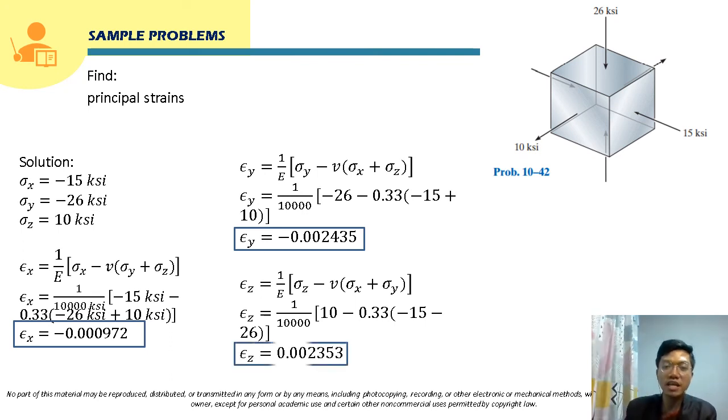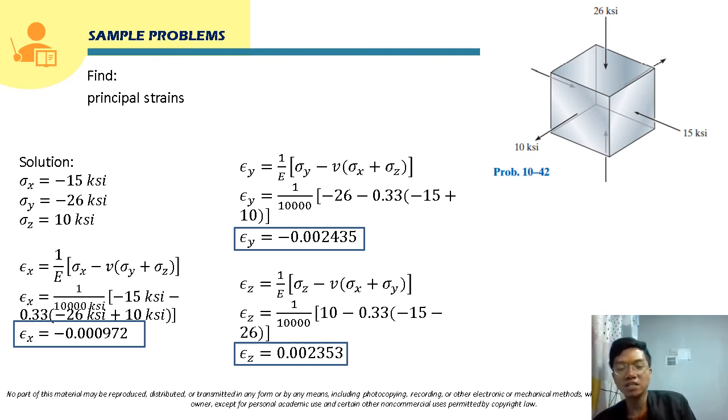The value for strain here will be 0.002353. This is positive because in this direction the stress is tension, so it will elongate. So this will now be the answers for this problem.